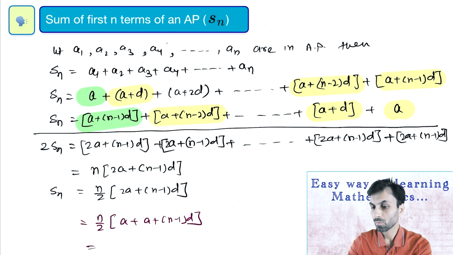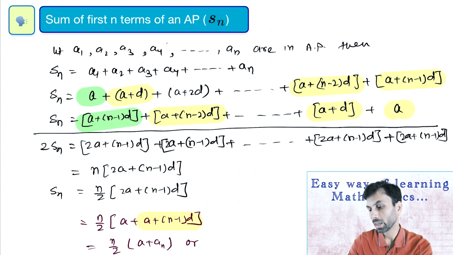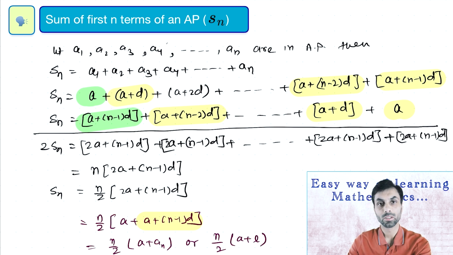And as we know, here a plus n minus 1 into d is the nth term. So we can also write it as n by 2 into a plus an, or n by 2 into a plus l, because l is also known as the last term or nth term.